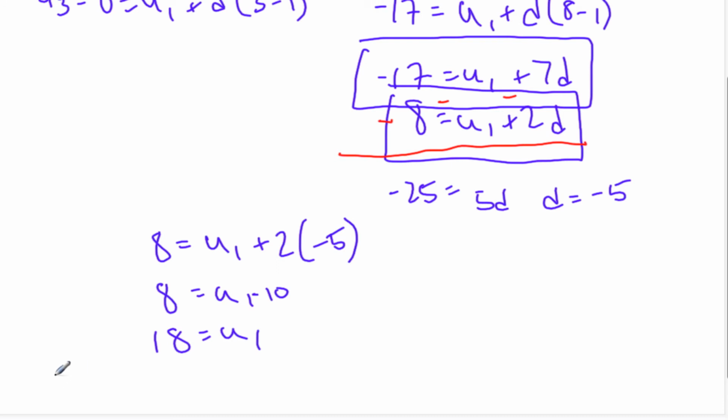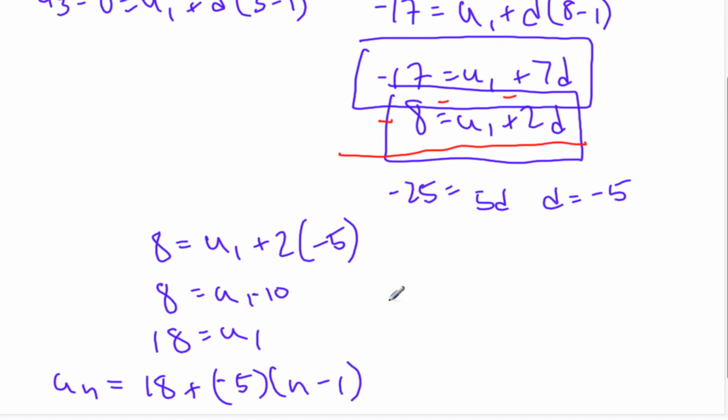So my general term is Un equals U1 plus d, which I know is negative 5, times n minus 1. This is the general term here.